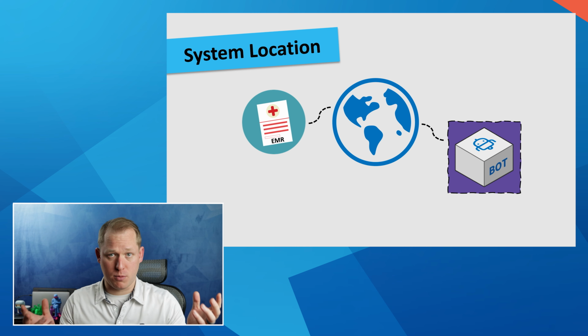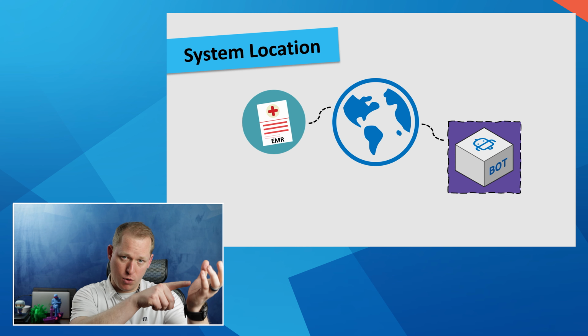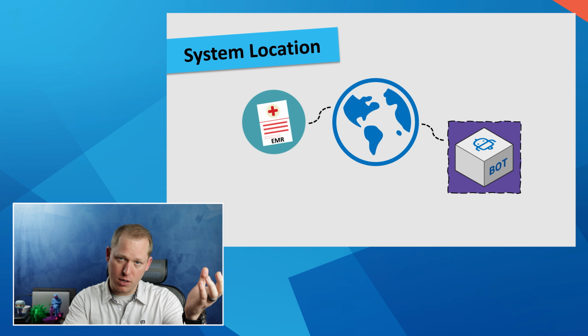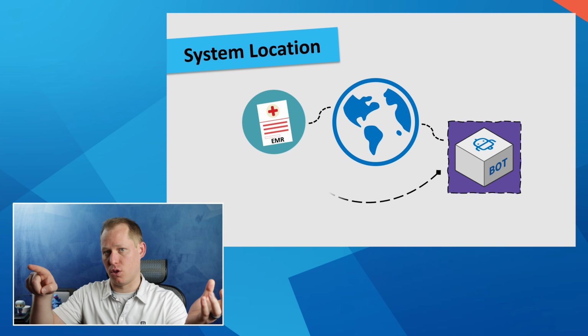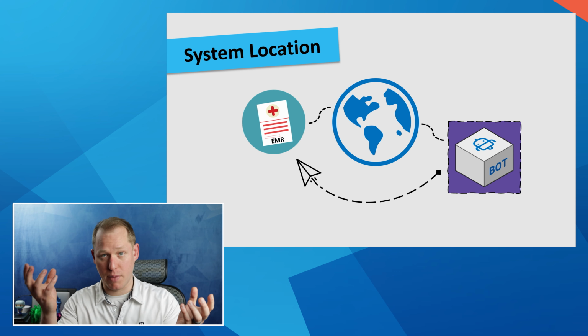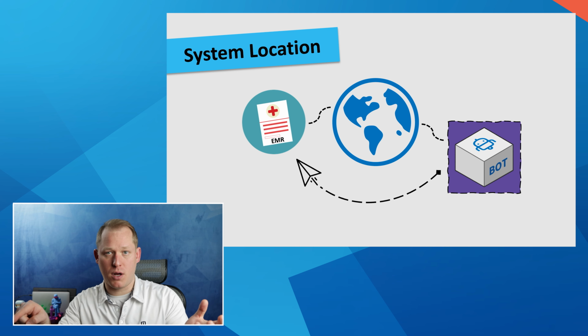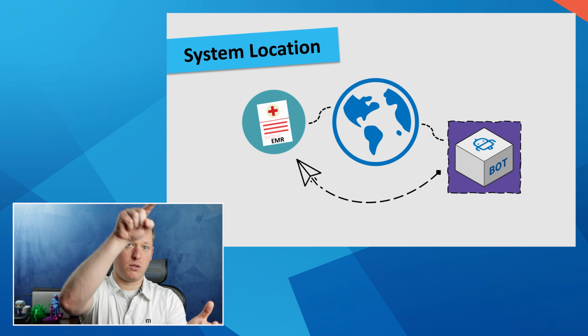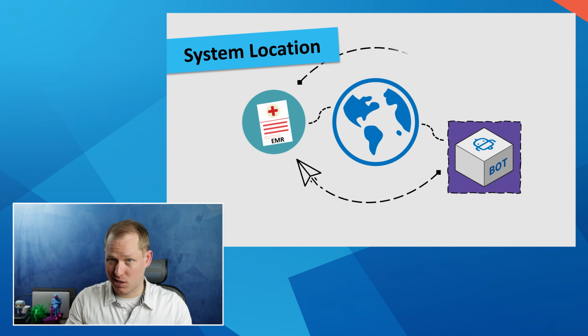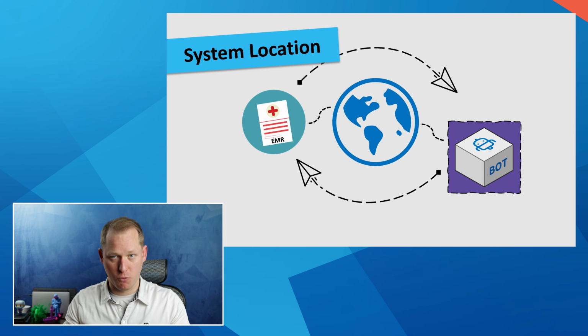For the software robot to perform work, it's going to send a communication or a command across the globe, bouncing through nodes along the way to the electronic medical record system in California. Then it needs to wait for a response from that system to bounce back across the globe. It's clearly going to impact your performance.